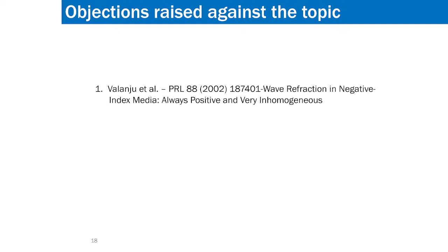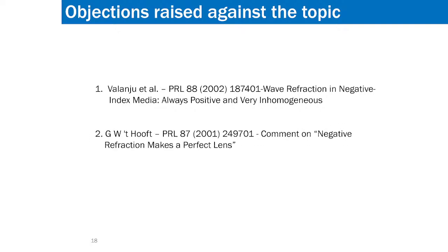Valanju and his group said that wave refraction in negative index media is always positive, it cannot be negative, which means if you send the incident wave in the second quadrant, it will always come out in the fourth quadrant. And it is not correct to say that it is coming out in the third quadrant, in one of the papers.